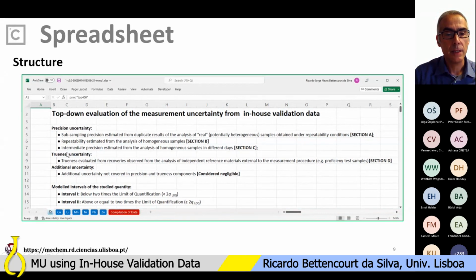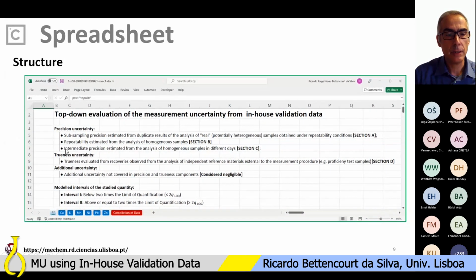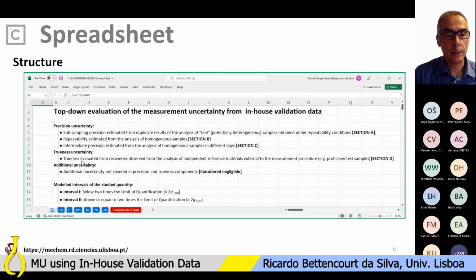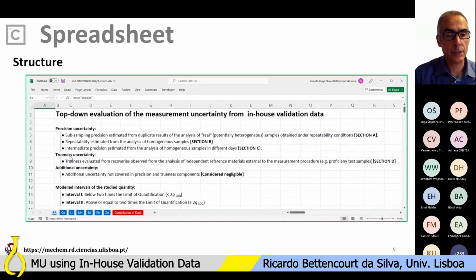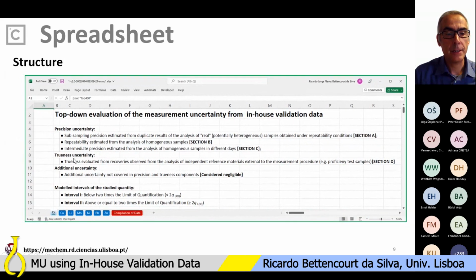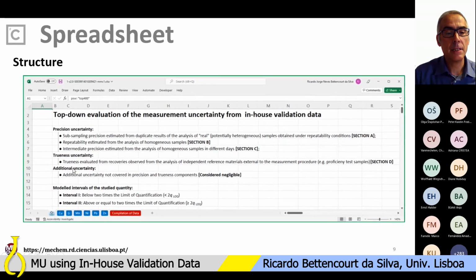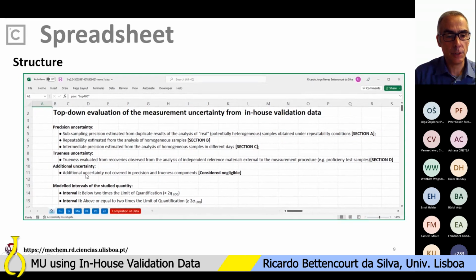So it is divided in 3 sessions for precision, 1 session for analyzed recovery, trueness, and uncertainty list there, and it is assumed that there are no additional uncertainty components to be considered.